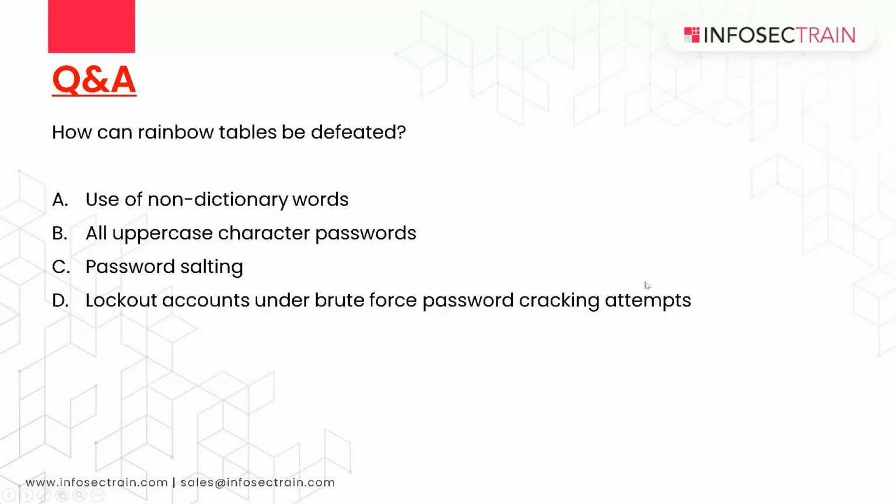Then what about this one? So guys, when we talk about rainbow tables, what are they? Rainbow tables are pre-computed databases which contain the checksums along with the plain text, right?